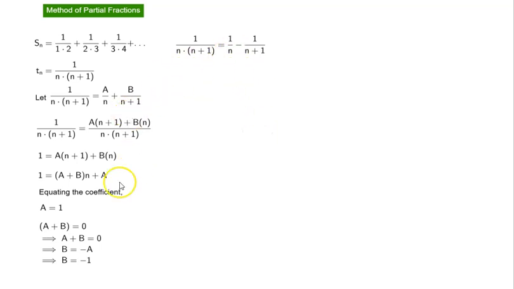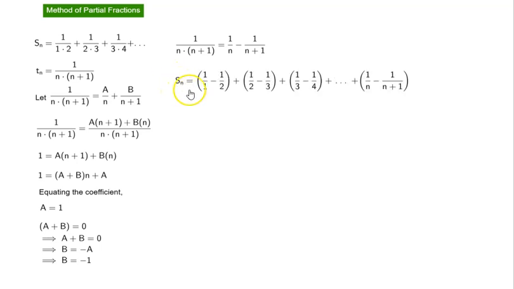Now, this is a pretty simple example. In the next example, we will look at a much more complicated one. S sub n will be 1 by 1 minus 1 by 2, plus 1 by 2 minus 1 by 3, next term 1 by 3 minus 1 by 4, and so on up to 1 by n minus 1 by n plus 1.